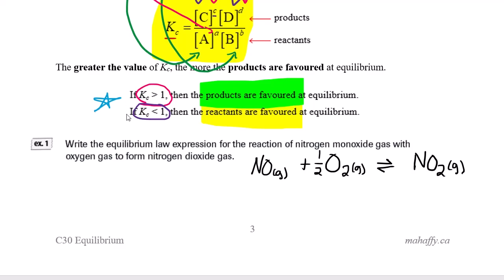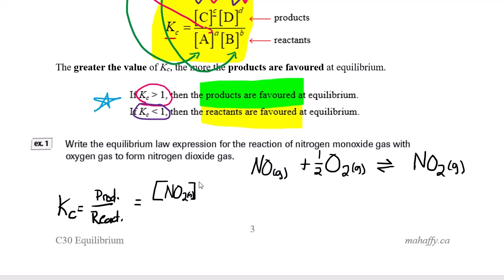My Kc law expression is going to be equal to my products divided by my reactants, each taken to the power of their coefficients. I only have one product, my nitrogen dioxide, so it's going to go on top, NO2, and it would be the concentration of this, so it needs square brackets. It's got a coefficient of 1, so it's taken to the first power.